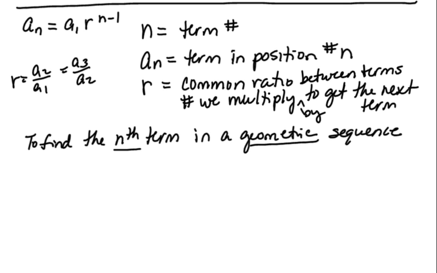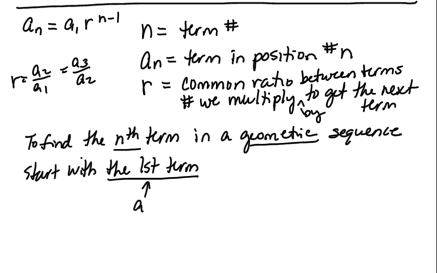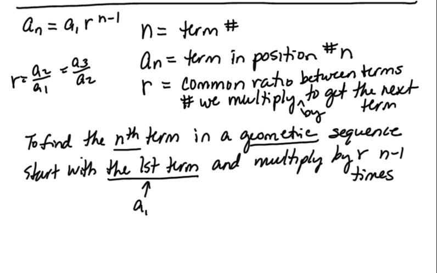To find the nth term in a geometric sequence, start with the first term, that's A sub 1, and multiply by r n minus 1 times.